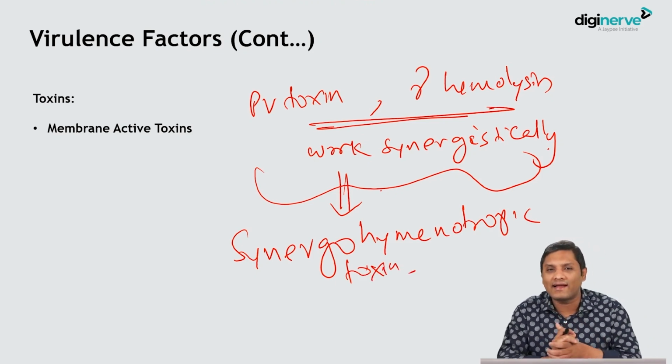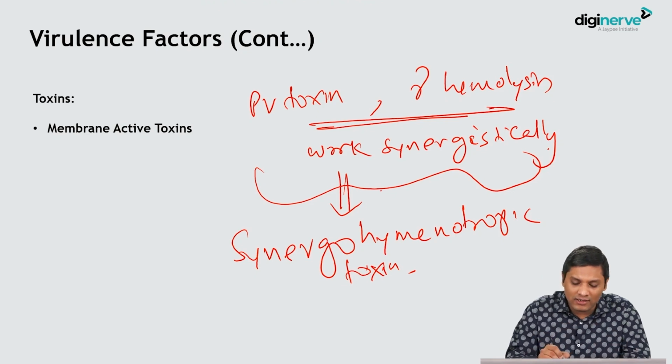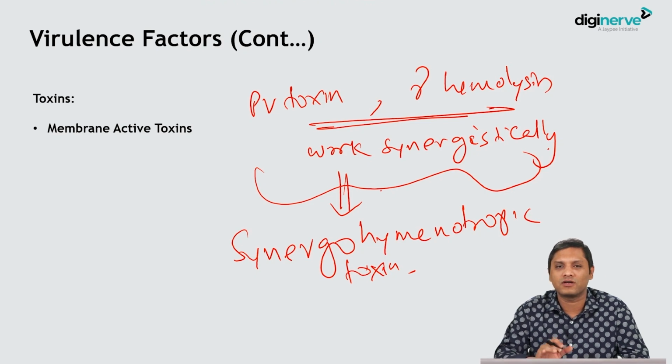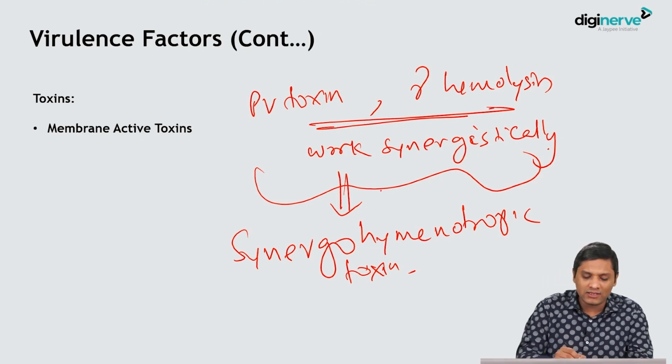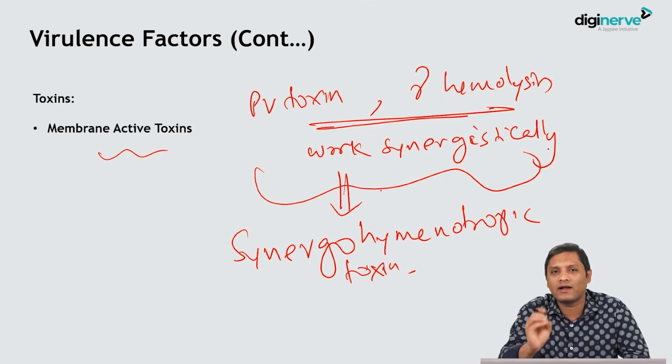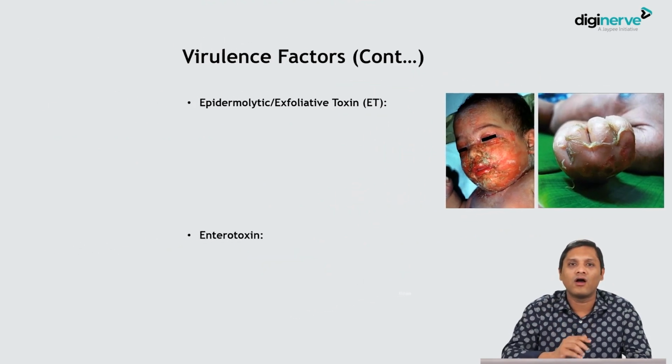PV toxin and gamma hemolysin are together called synergohymenotropic toxin because they act together. So these are the various membrane active toxins: alpha, beta, gamma, delta hemolysins and PV toxin. All are called membrane active toxins.